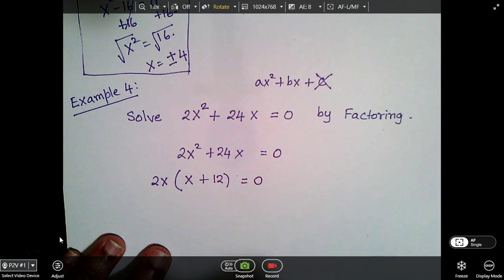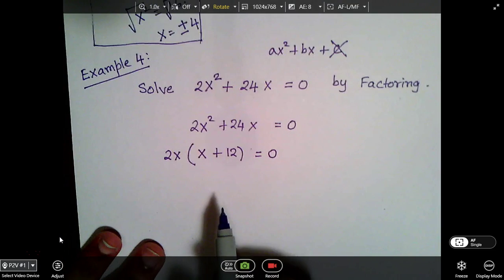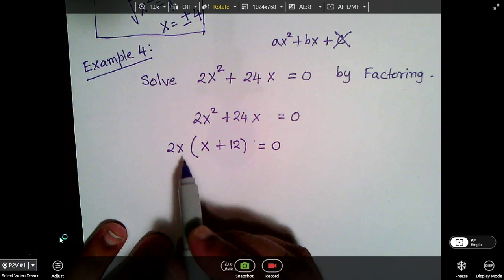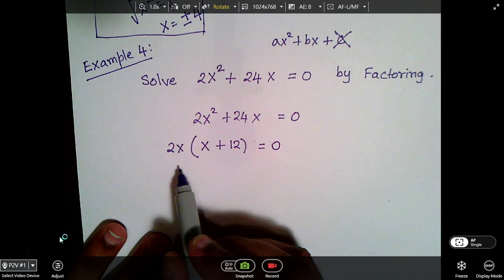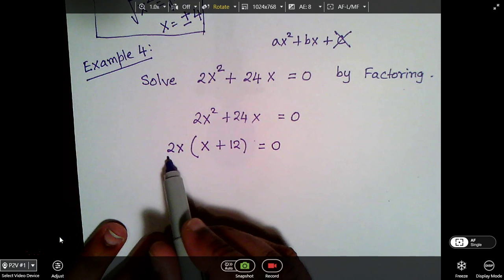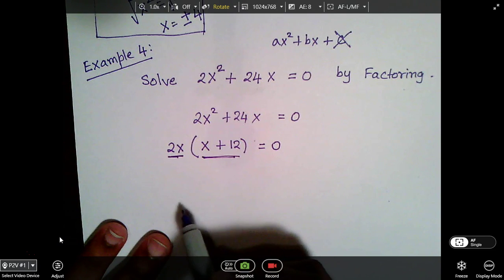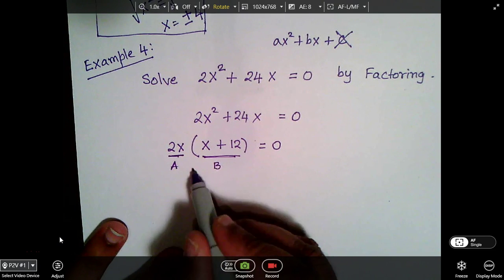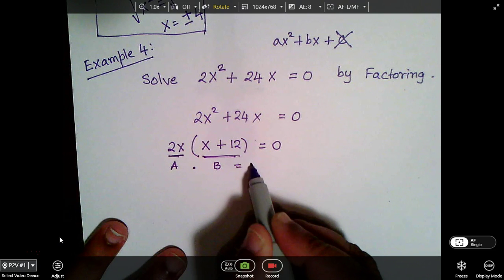All right. So now I've factored it out. There is nothing more to factor there. Now my step 3 is applying the zero product property. The zero product property is applied to all the factors. So the factors are 2x and x plus 12. So this is my a and this is my b. A times b equal to 0, right?